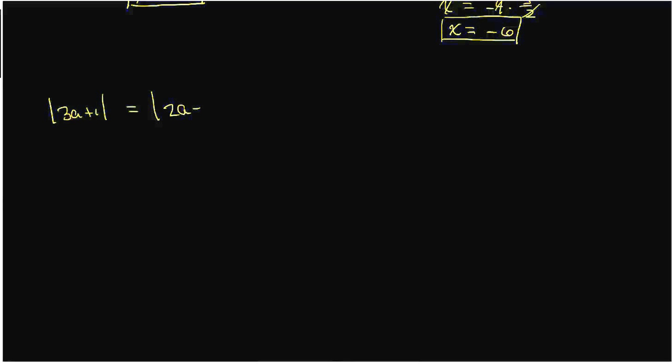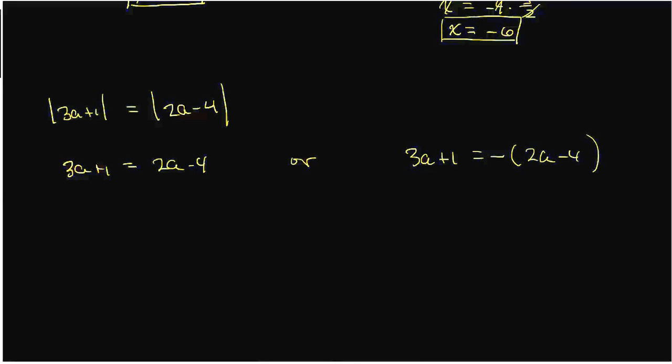Well, now it looks weird, because now you have absolute value on both sides of the equation, but technically the setup uses the same steps. What we do is we say 3a plus 1 equals 2a minus 4, or 3a plus 1 equals the negative of 2a minus 4.